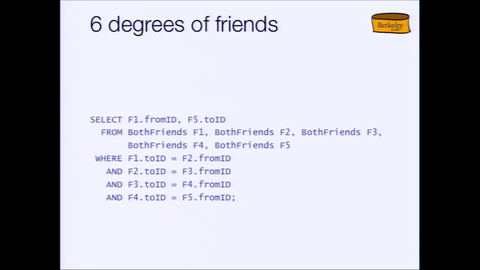And that seems like a bit of a shame. But the way I've written this, this will find paths of length 5. So it'll find Bob is connected to Fred by a path that goes like this. That's 1, 2, 3, 4, 5. And you'll get Bob connected to Fred. So be it.